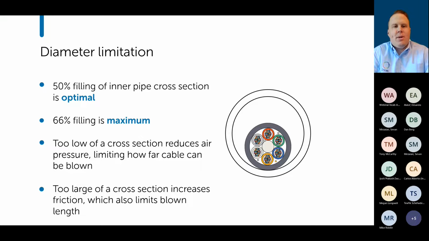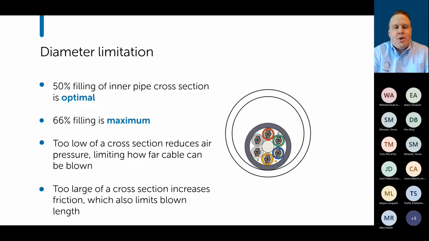You do have some wiggle room. It's definitely not an absolute. You don't want to go above 66% in terms of the ratio of the outer diameter to inner. And on the flip side, you don't really want to go too much below 35% either. So anywhere in there, you're typically going to be good, but this will also affect how far you can actually blow the cable and how far out you can go.